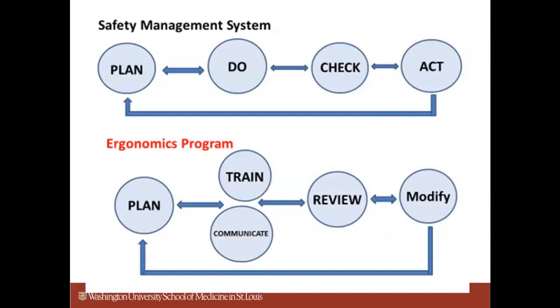And this ergonomics program that I've now laid on top of the safety management system is very similar. There's a planning element, there's a doing element, which in this case primarily focused on training and communicating, a review, which is check, and then modify, which is act.